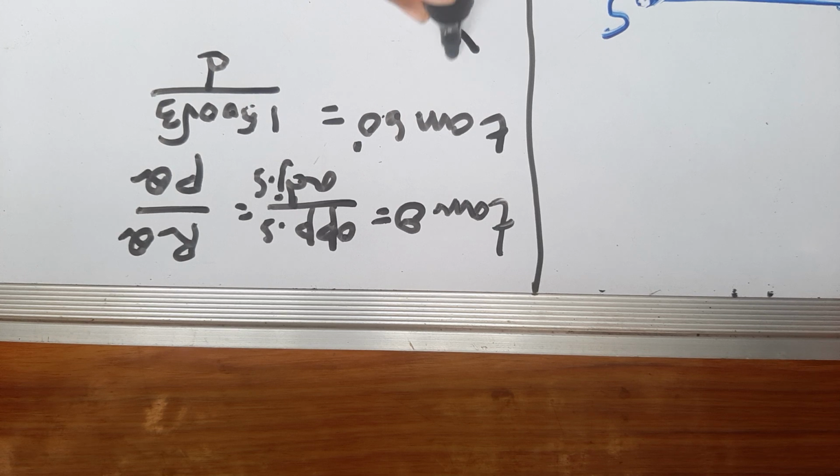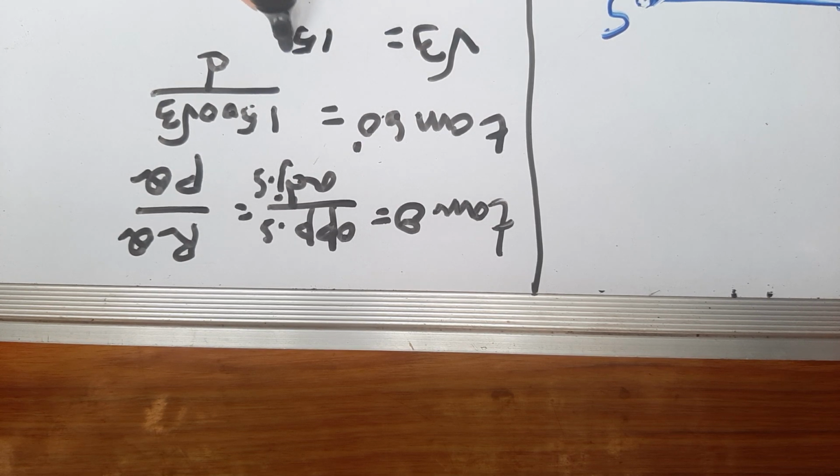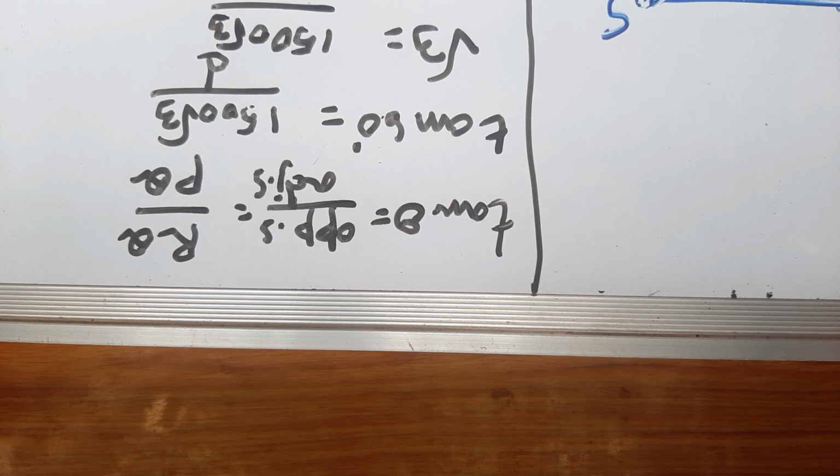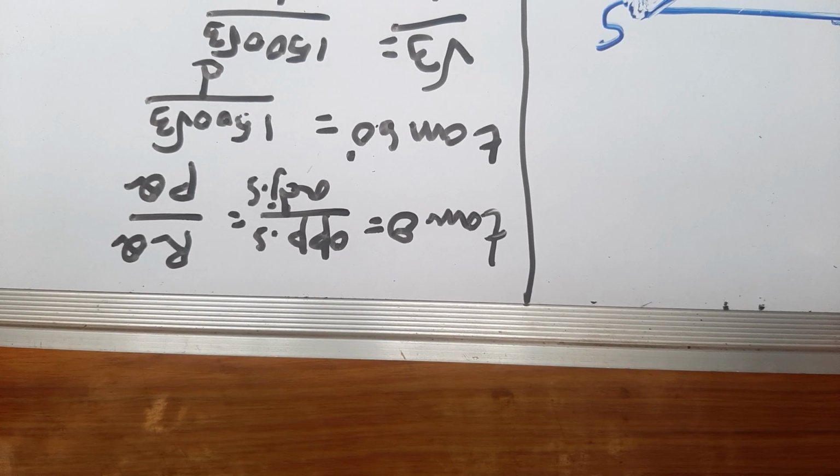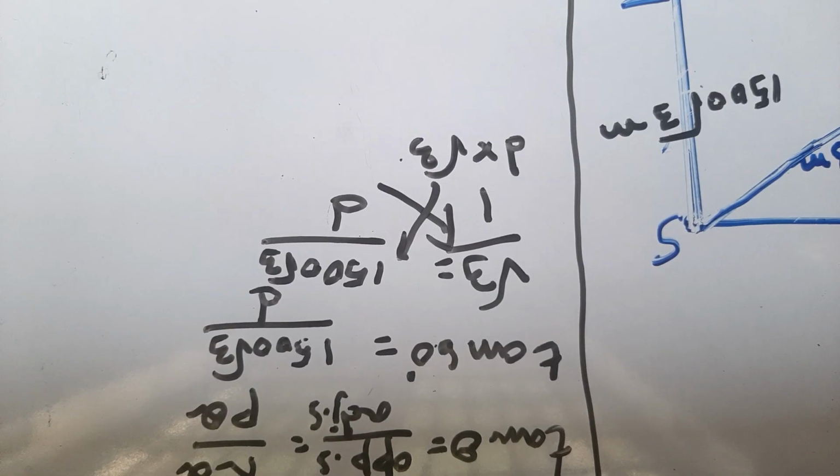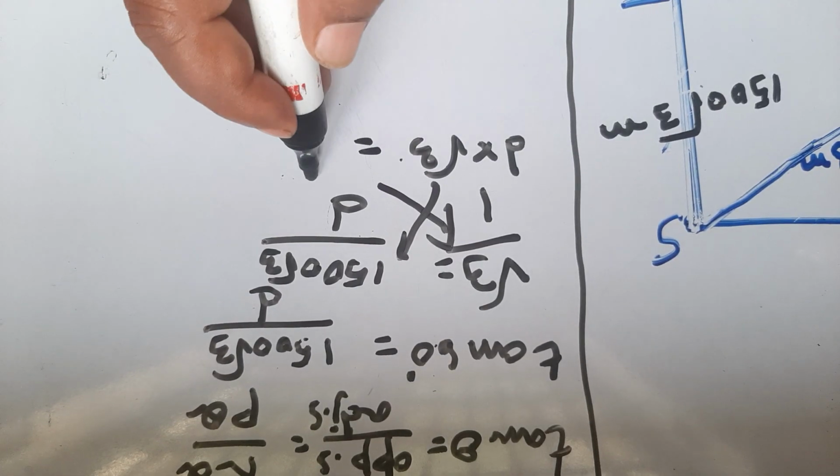Tan 60 is root 3. Root 3 is equal to 1500 root 3 by D. Cross multiplication, what are we getting? D into root 3 is equal to 1500 root 3.